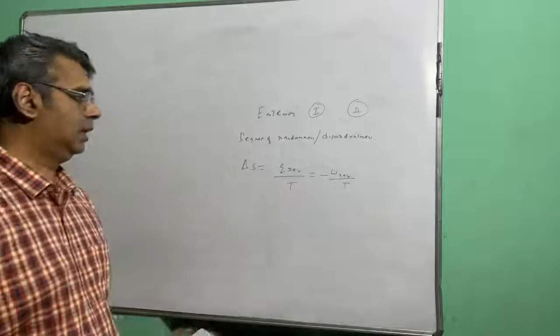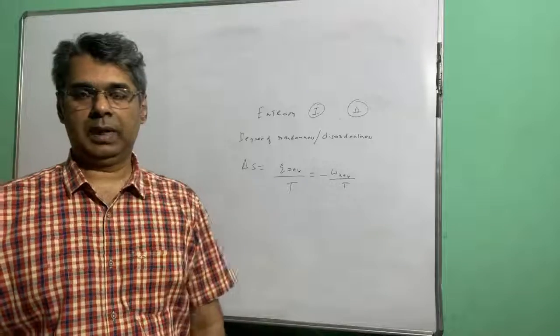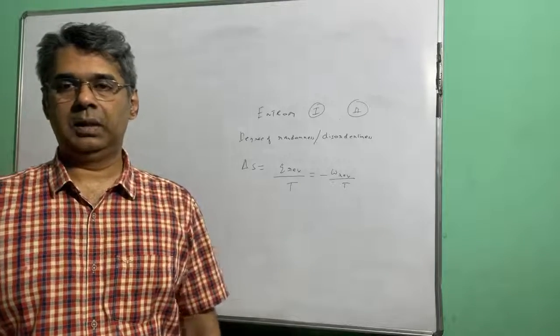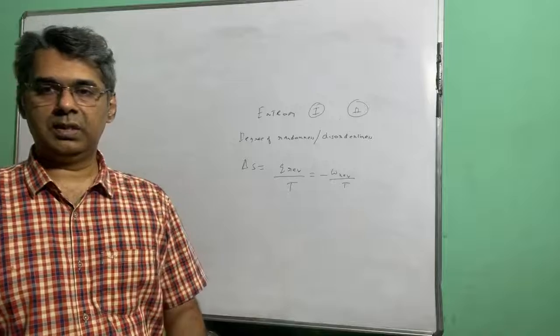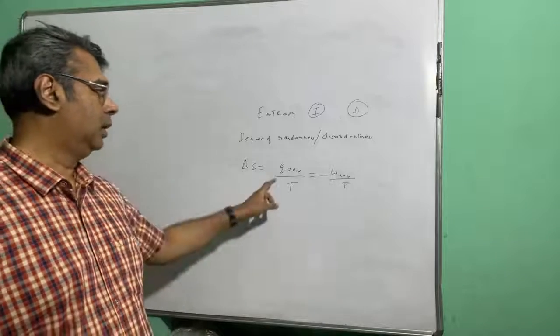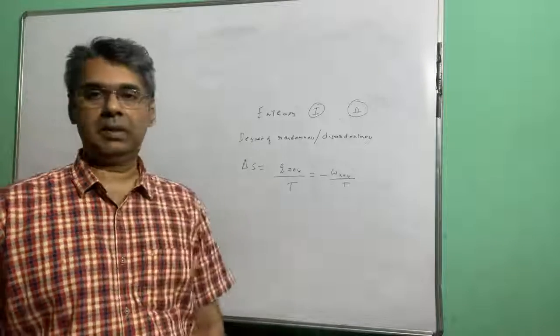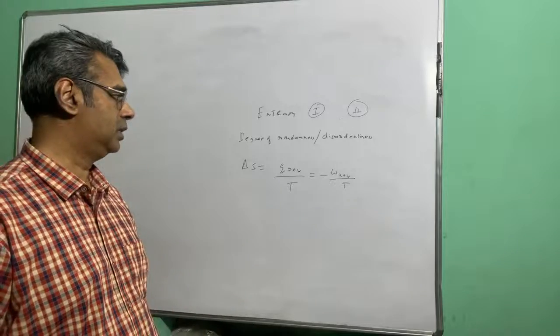Now you are aware that at a particular temperature the internal energy is constant, so the change in internal energy will be 0. So heat supplied reversibly divided by the temperature at which it is supplied.